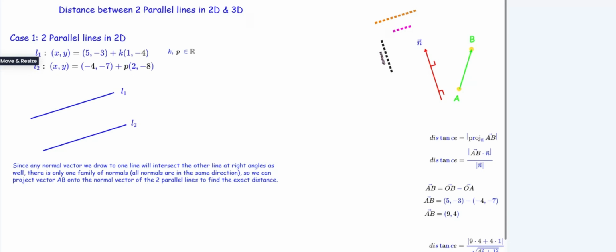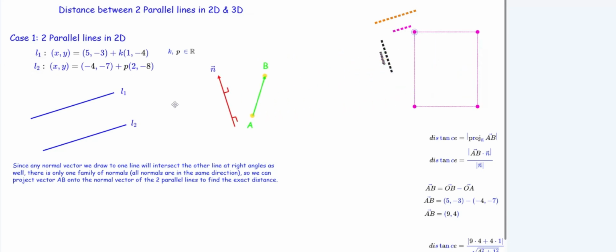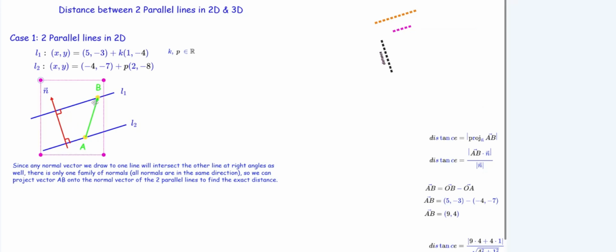So first I will bring in the normal vector and a vector that is formed by a point on line 1 and a point on line 2.